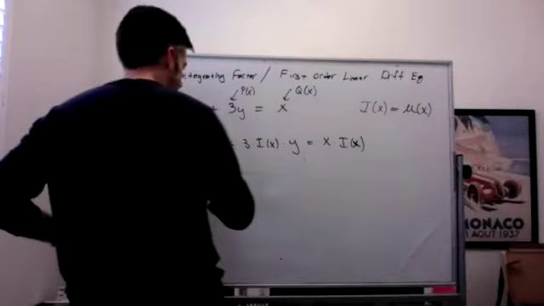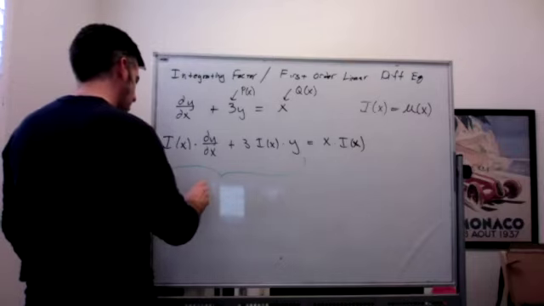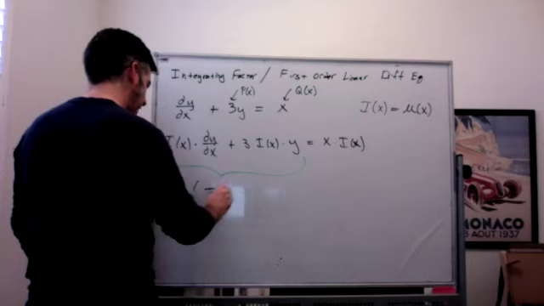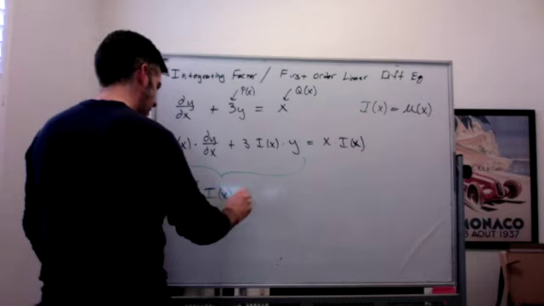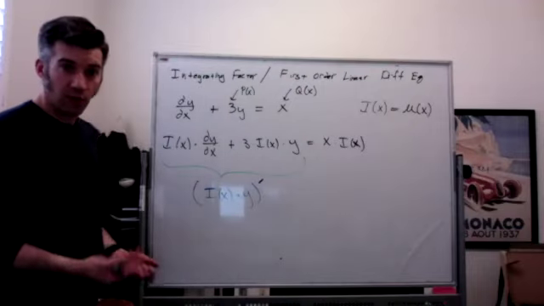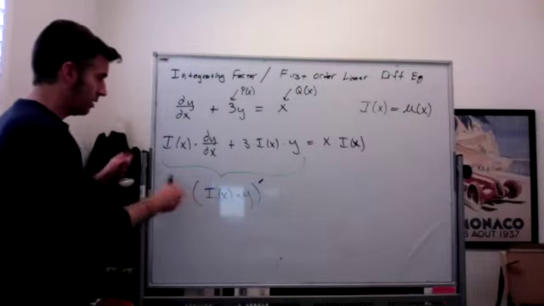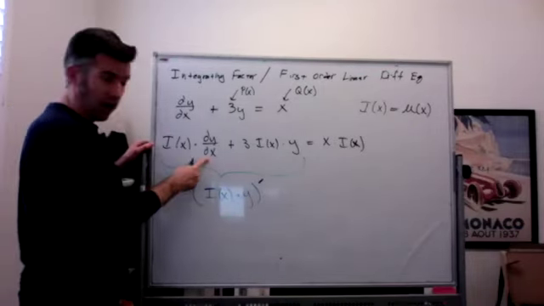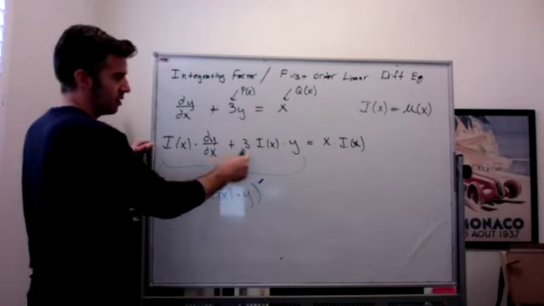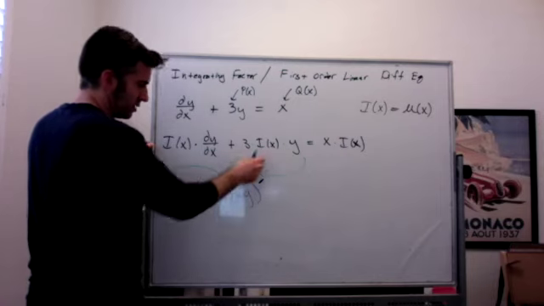Sorry. This whole thing here is supposed to be the derivative of I of x times y. Product rule, right? It's I of x times y prime, so the derivative of this times this plus y times the derivative of I of x.